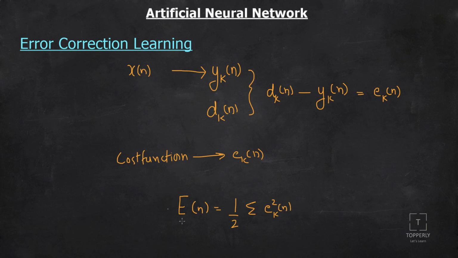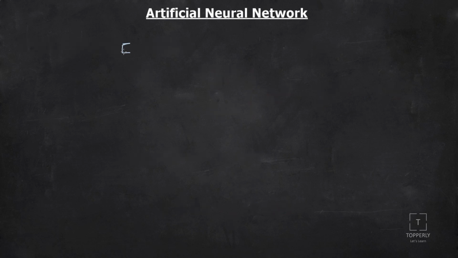And as I already said, in each iteration, we try to bring the value of E(n) to the minimum possible value. So suppose E(n+1) is less than E(n).